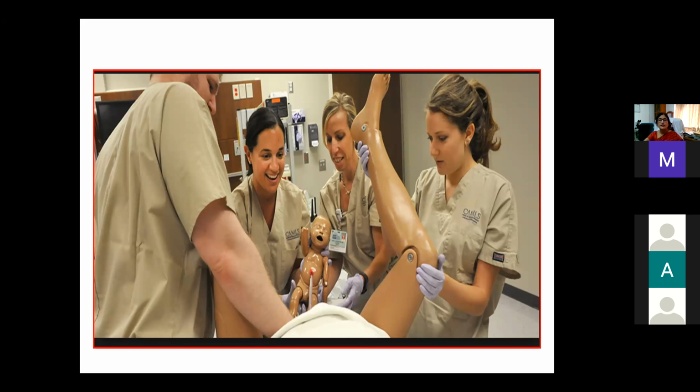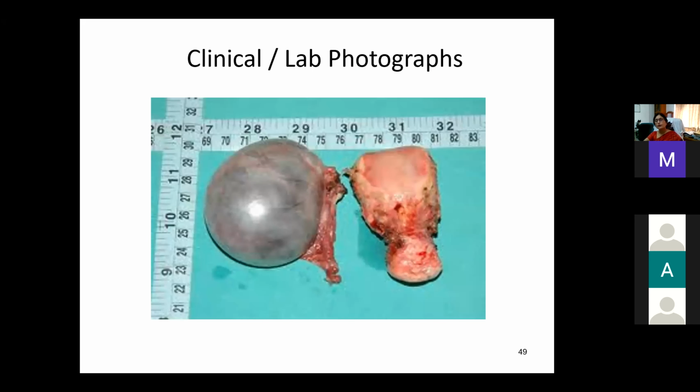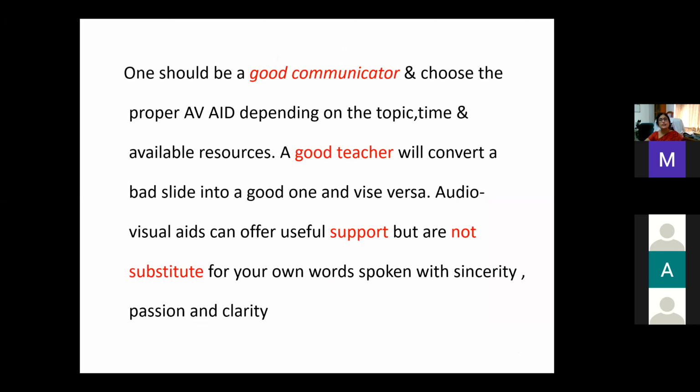These are some examples of the AV aids which we can use. For subjects like pathology, we have good specimens. We can have good clinical cases with specimen along with the histopathology photograph along with clinical history. All these can be used for teaching purposes.